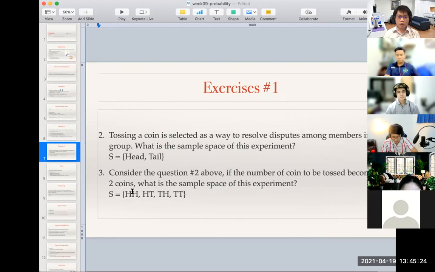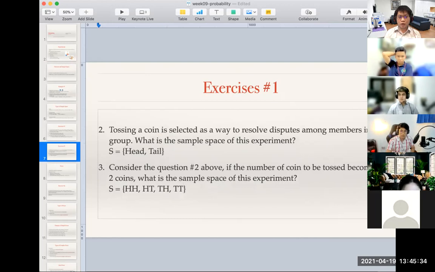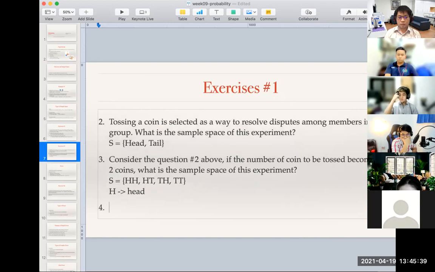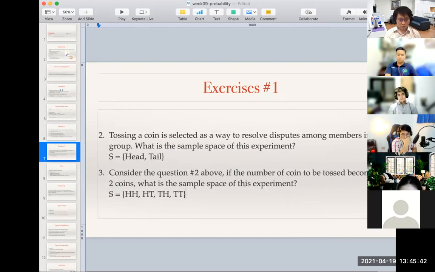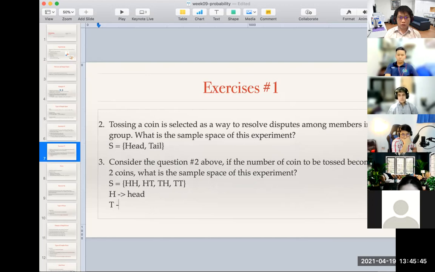You can use this kind of abbreviation, but please don't forget to describe what HH means. What H means here. So here you need to add more explanation. H is head and T means tail. This lets others understand your answer. Otherwise, they need to guess what HH stands for, what HT stands for.